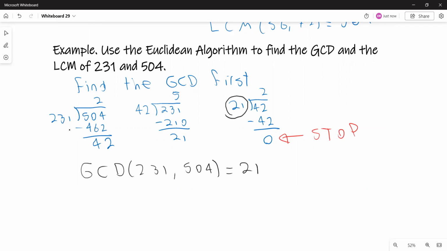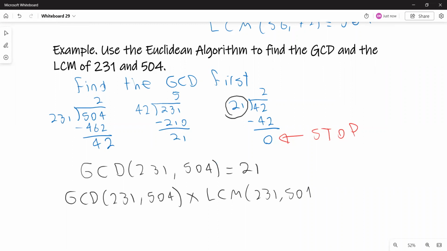We're going to use the relationship between the numbers, the least common multiple, and the greatest common divisor to find the least common multiple. Okay, so the greatest common divisor of 231 and 504 multiplied by the least common multiple of 231 and 504 is the product of the numbers.